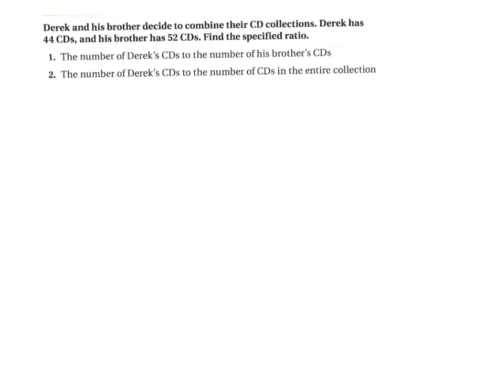Here's another example. Derek and his brother decide to combine their CD collections. Derek has 44 CDs and his brother has 52 CDs. Find the specified ratio. For number 1, the number of Derek's CDs to the number of his brother's CDs, Derek has 44 over 52. Right? His brother has 52. Now we want to simplify this. I know I can divide them both by 2.